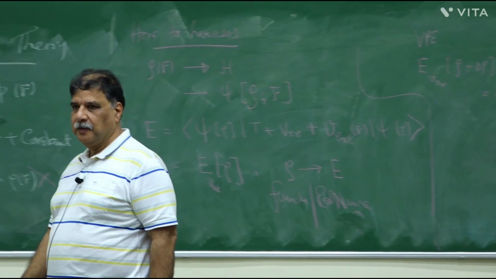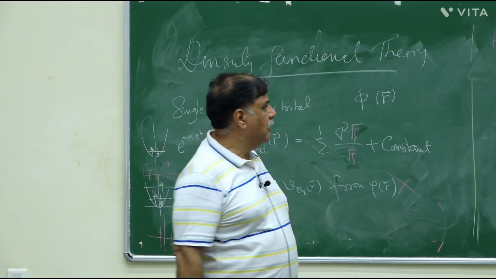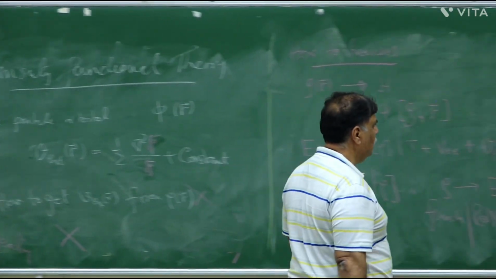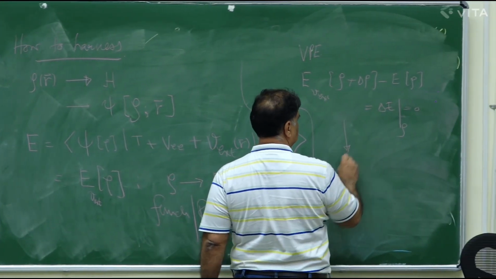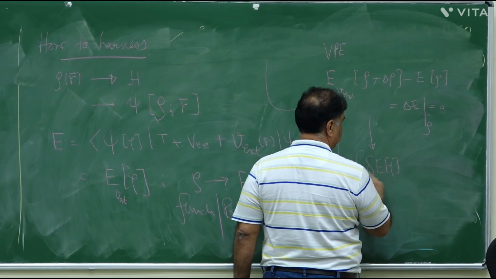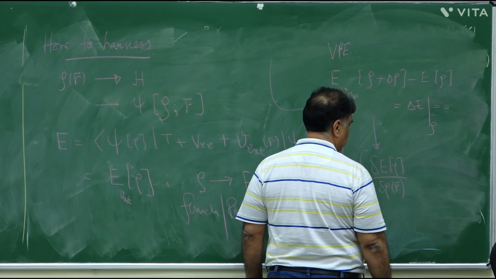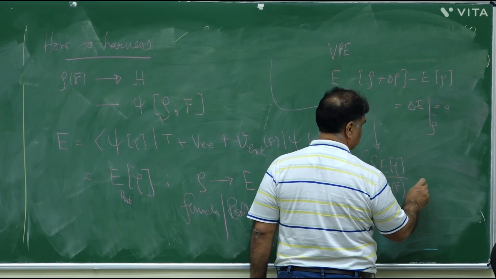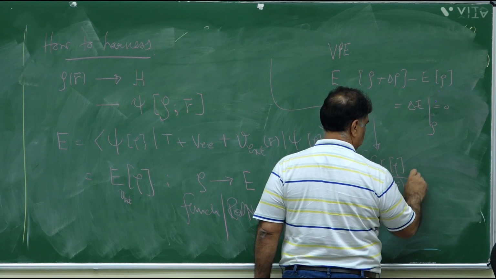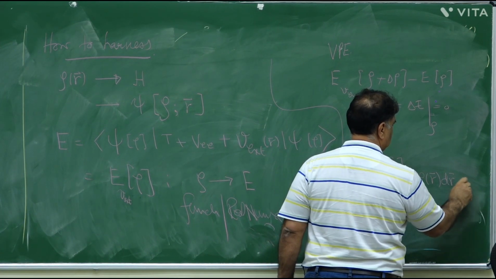That's the variation principle. Variation of E up to first order is 0. And this is written as an integration, something called the functional derivative, and all of you are familiar with it. This comes in Goldstein also when you do the action variation. Okay? Delta E by delta rho of r times delta rho of r dr.